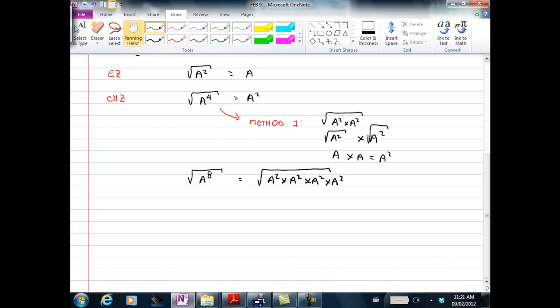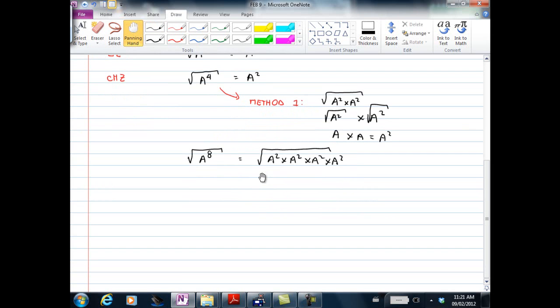I can break this up into 4 different roots. The answer becomes A times A times A times A, which is A to the power of 4. And that's your answer.